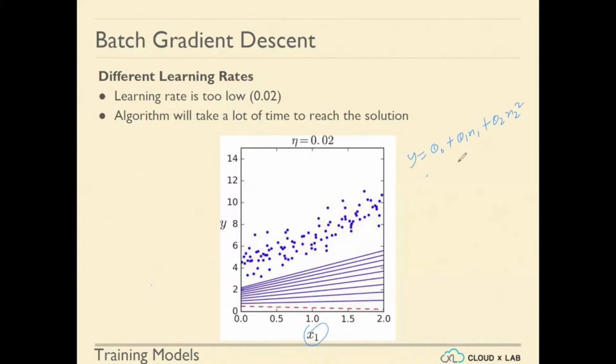Originally we have one loss function, RMSE, plus we will add some regularization term here. And that regularization term will penalize these values, theta 1, theta 2, in such a way that they have to be as small as possible.